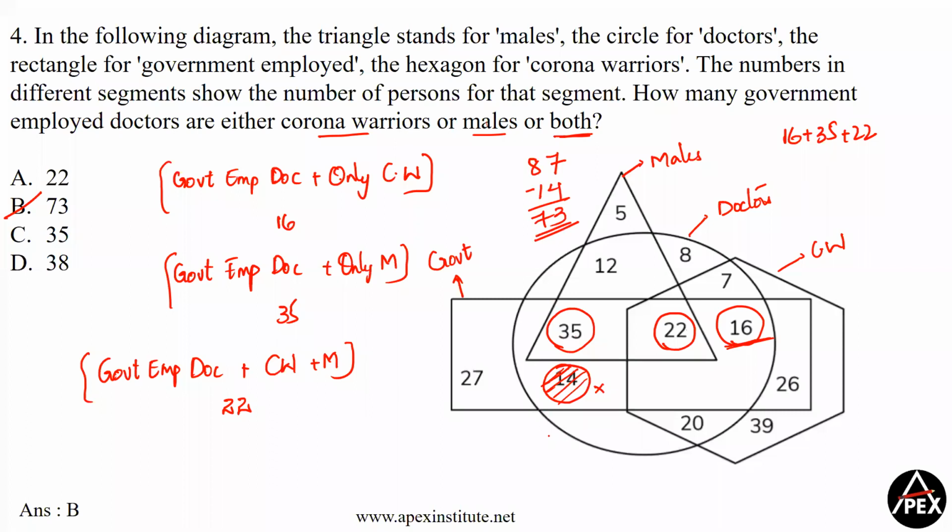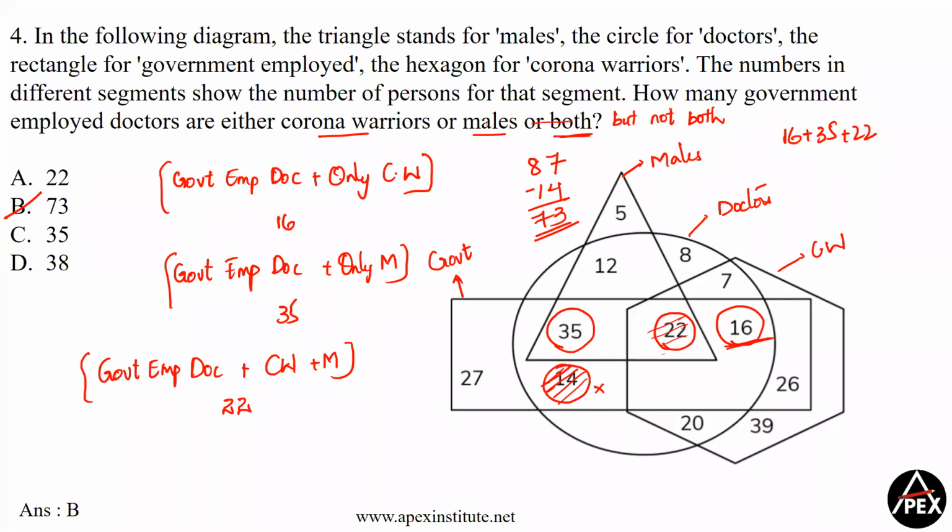Subtract the number that is not common to corona warriors and males from the total number and get the answer. Same answer. If it is given, how many government employed doctors are either corona warriors or males, but not both, if this is mentioned, then you should not consider the common region. Clear?